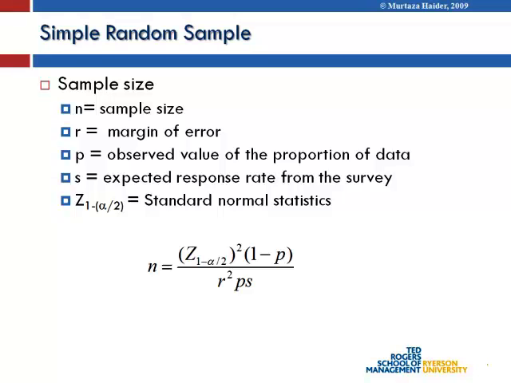P is the observed value of the proportion of data. For instance, taking an example of transportation, if 20% of the population takes public transit to travel, then P would be 0.2, the observed proportion of the data. And S is the expected response rate from the survey.